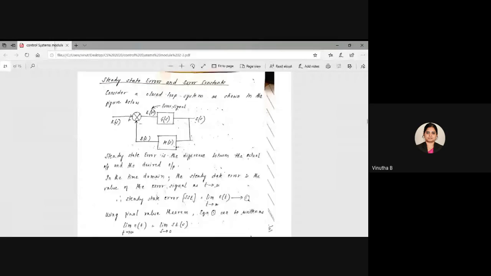So steady state error is the difference between the actual output and the desired output. In the time domain, the steady state error is the value of the error signal as t tends to infinity. Therefore, steady state error SSE is equal to limit as t tending to infinity E of t. This is in time domain.